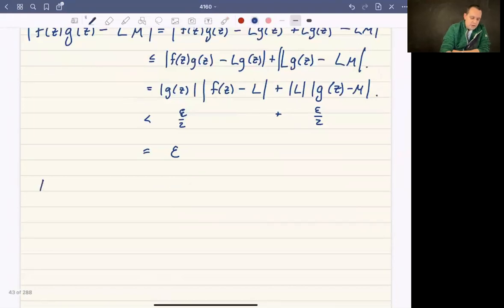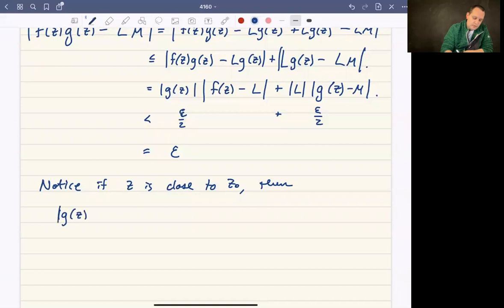So I want you to notice that if z is close to z naught, and I'll make this precise in a second, then g of z is bounded. And so it's less than or equal to some constant c for some real number c.